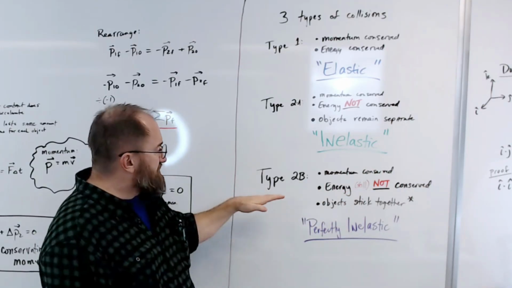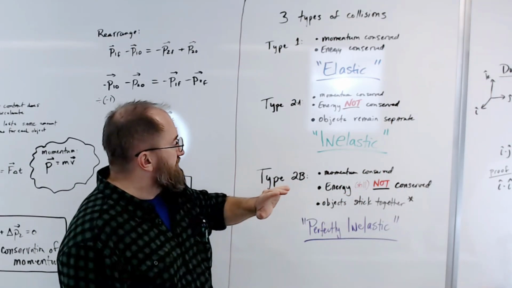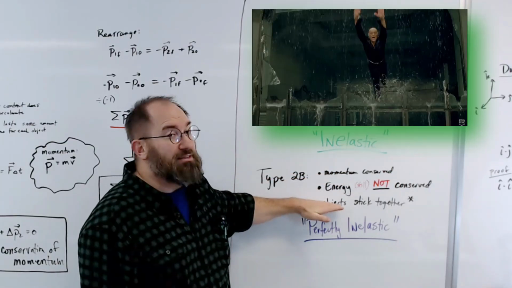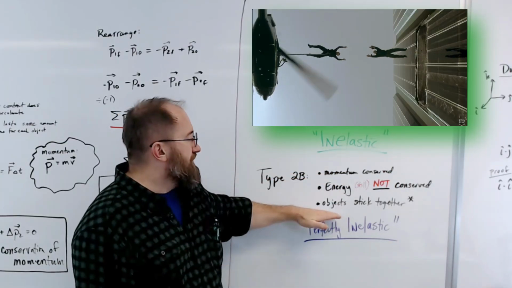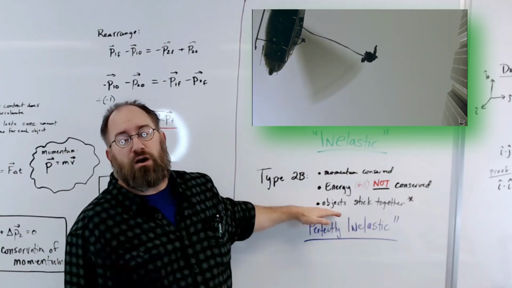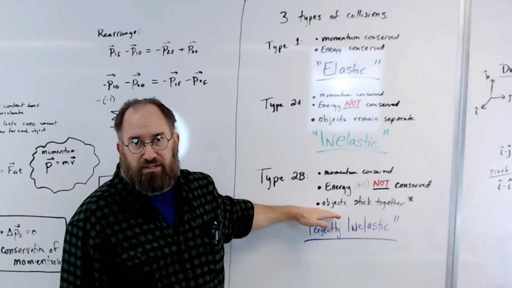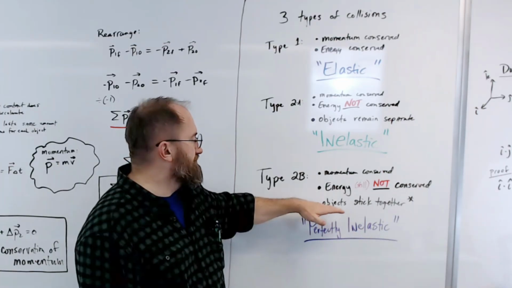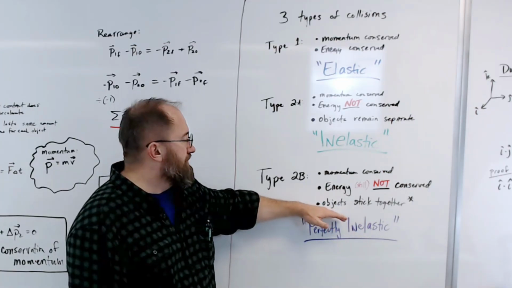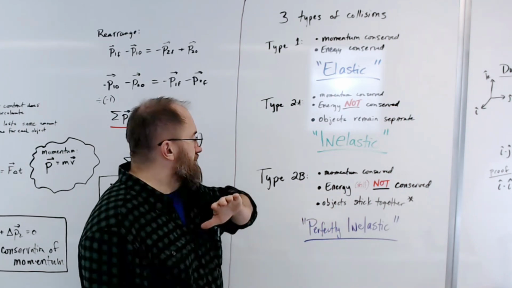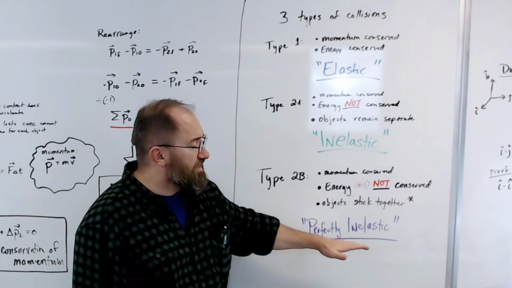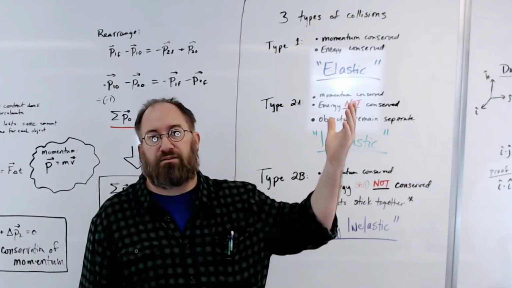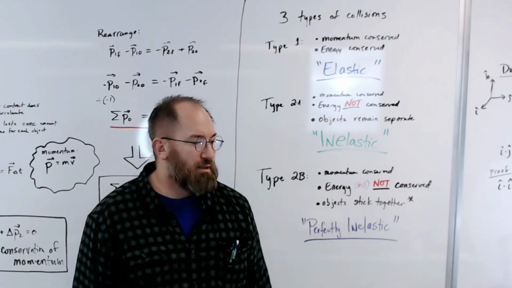Finally, there's type 2b, which is momentum again conserved, energy still not conserved. The objects in this case stick together. Think of a car accident where they wrap around each other and have to be tugged apart in order to be towed away, or some such similar situation. In that case, we refer to that as perfectly inelastic. That covers everything. Let's do the experiment.